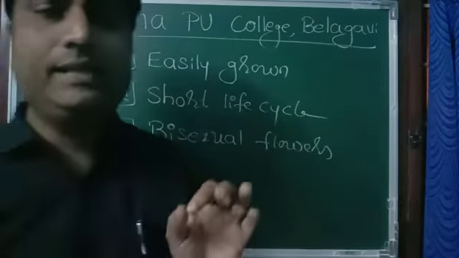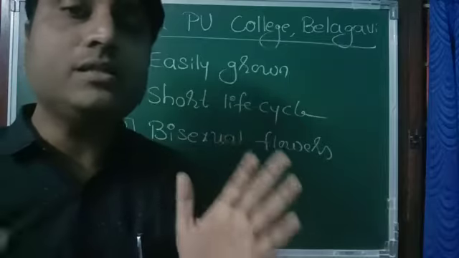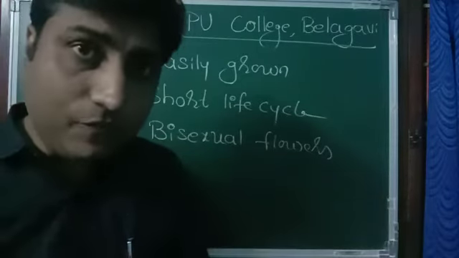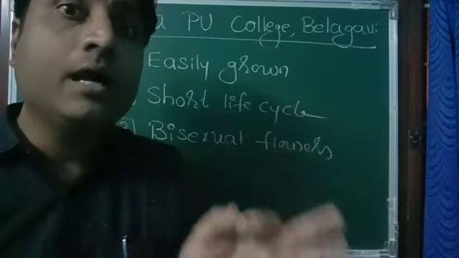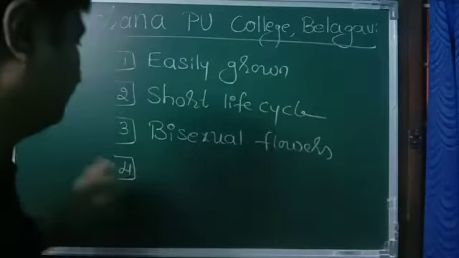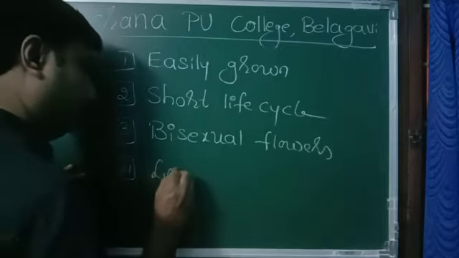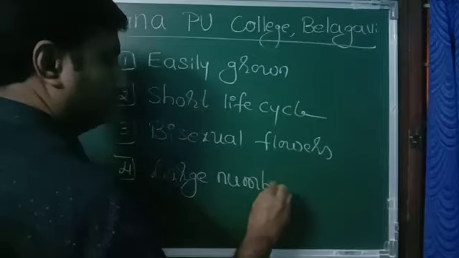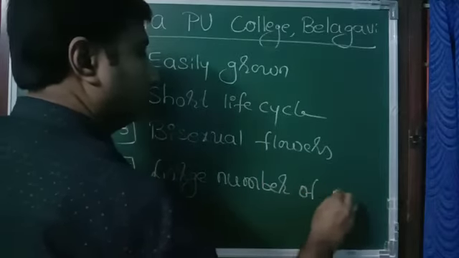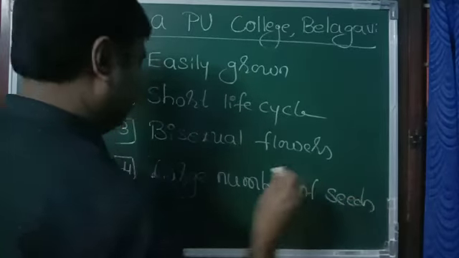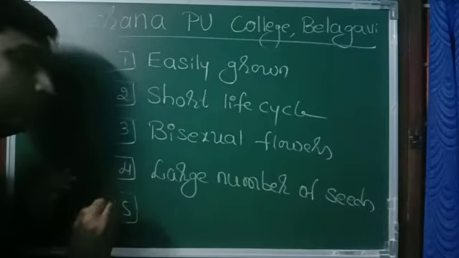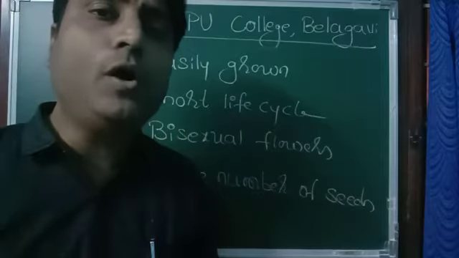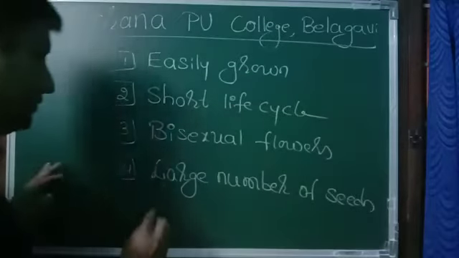Fourth one: this plant can produce a large number of seeds, and when we get a large number of seeds, our result for the next generation will be nearly accurate. And moreover, there were many important contrasting characters.